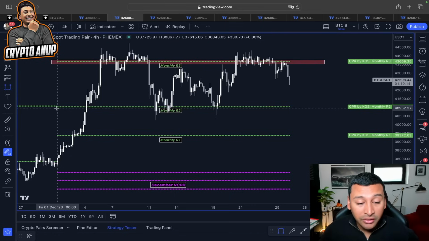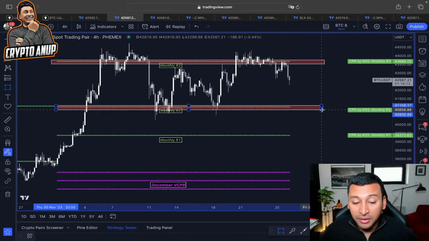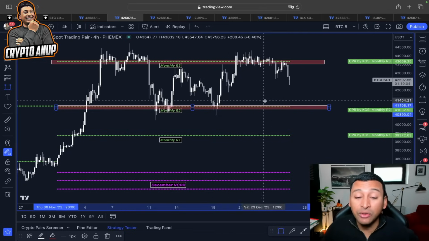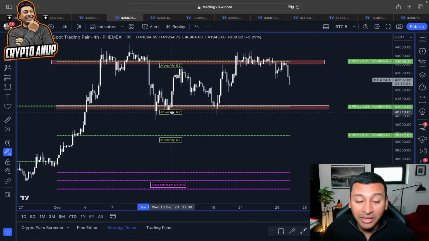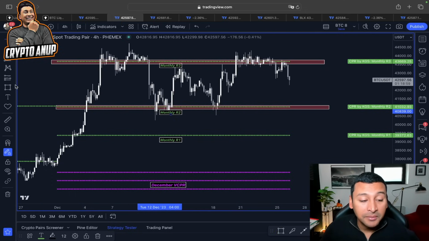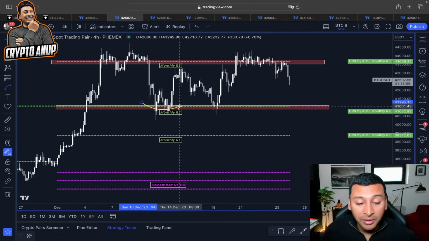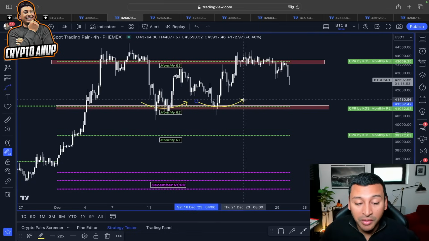Now, according to this example, this horizontal trend line around 41,000 is where we could be heading. Yes, guys, this is the monthly R2 line, which will be acting as a line of support in case of a retracement, because this is exactly where we came before, right? This is exactly where we found support.